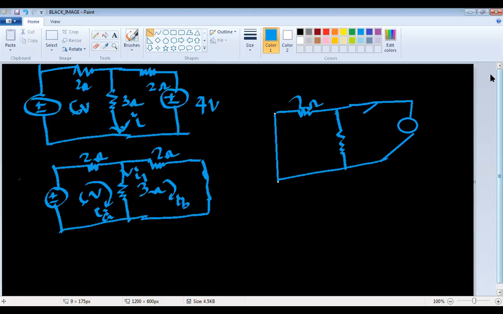Now let us come back to the original statement of this particular theorem. So I will stop sharing this one and come to this particular slide.